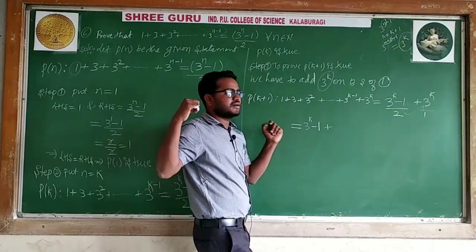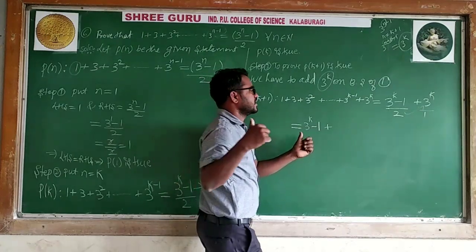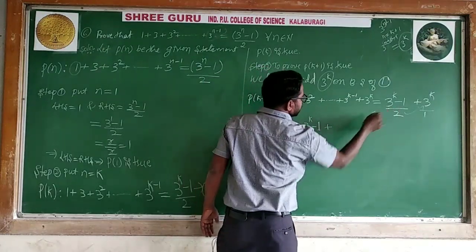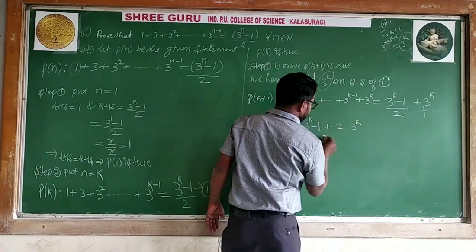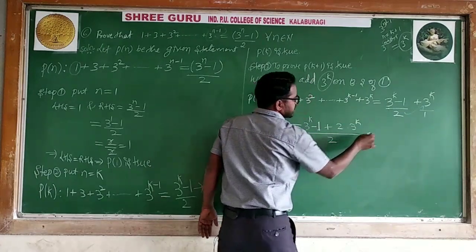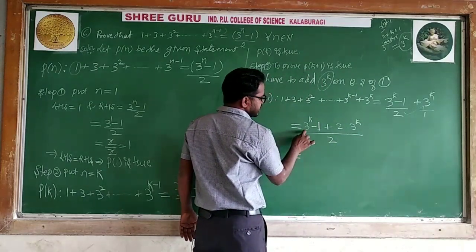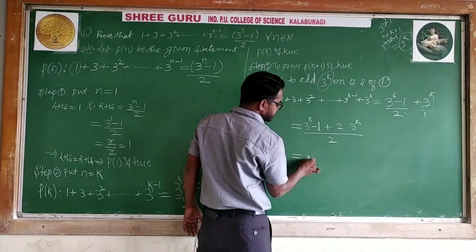Now this step is very important. So, 2 into 3 to the power k, 2 I multiplied, whole divided by 2. Now what is happening? I will collect the terms, 3 to the power k.